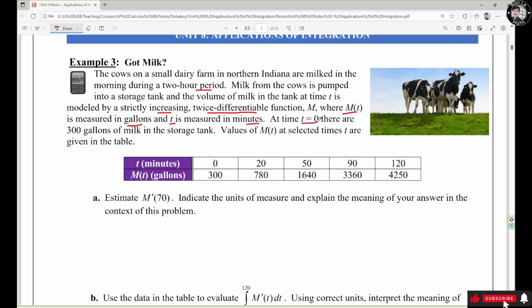At time t equals 0, there are 300 gallons of milk in the storage tank, which is right here. Values of m of t at selected times t are given in the table below.